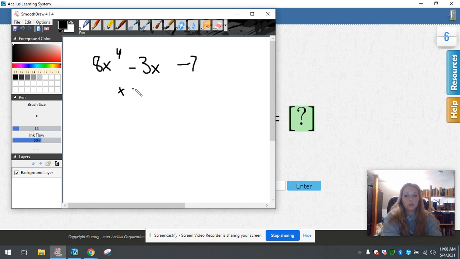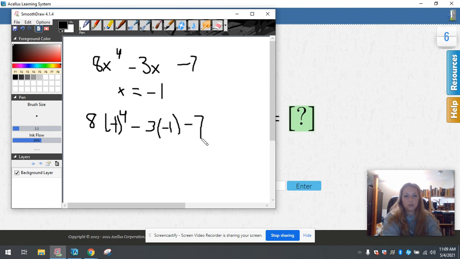X equals negative 1. So the first thing I'm going to do is substitute the x's for negative 1, or erase and replace. So I'm going to write 8 times negative 1 to the power of 4, minus 3 times negative 1, minus 7.